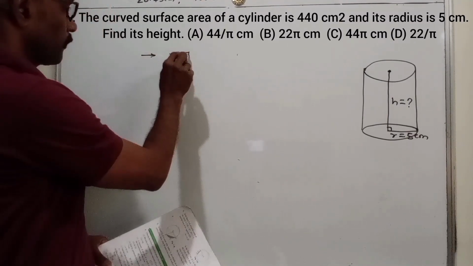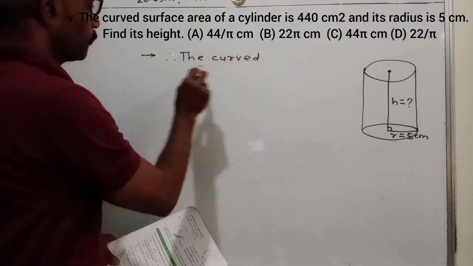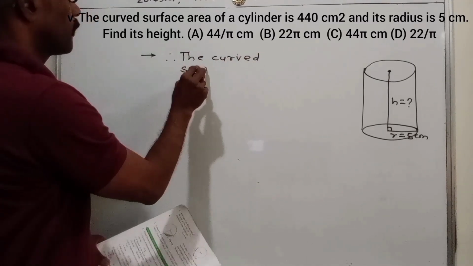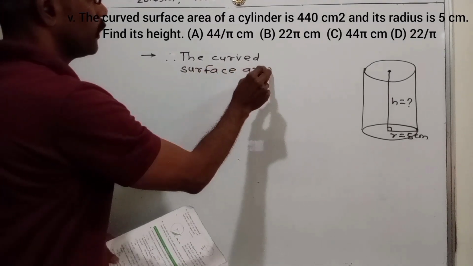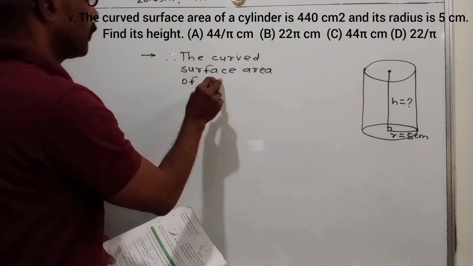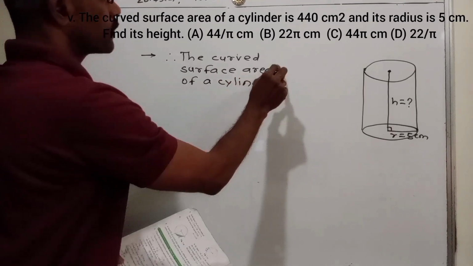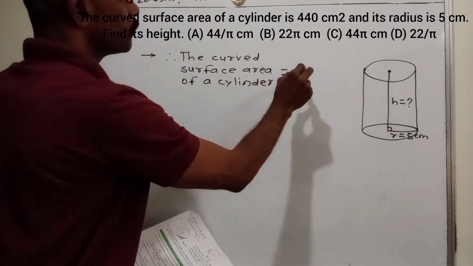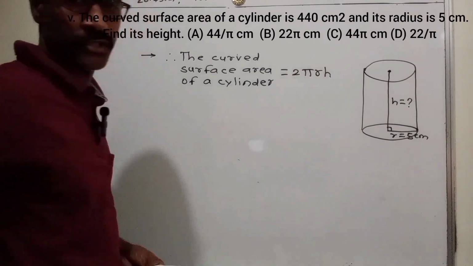Therefore, the curved surface area of a cylinder is equal to 2 pi r h.